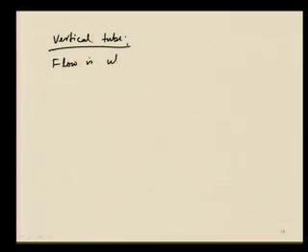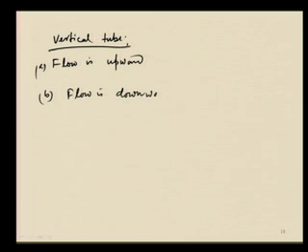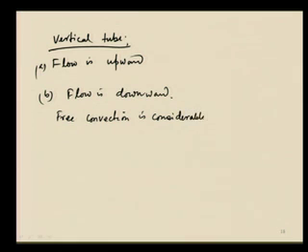Now, there is a situation where there is a flow through a tube, say a vertical tube. In case A the flow is upward, and in case B the flow is downward, and the point is that natural free convection is of a considerable amount.